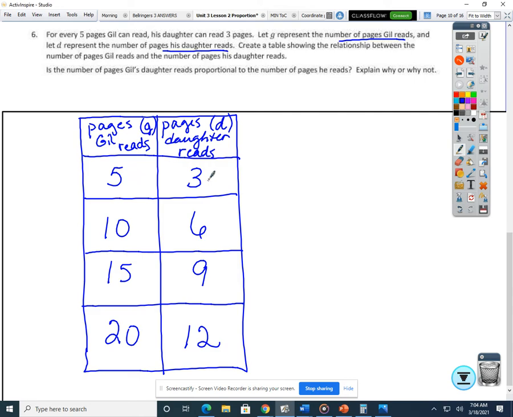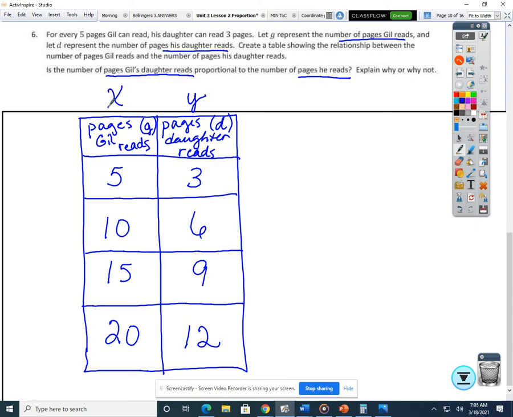Now, we are asked whether the number of pages she reads is proportional to the number of pages he reads. So the item that we're looking to see if it is proportional is our Y to our starting point, which is our X. All right.